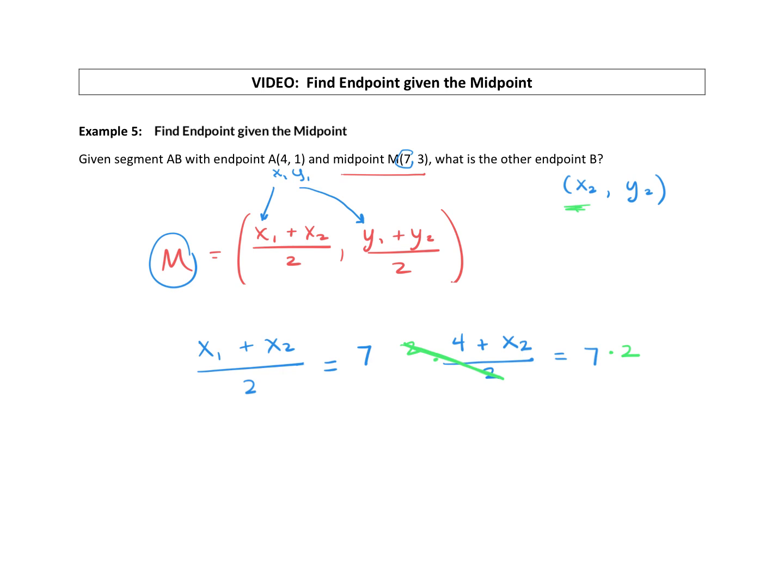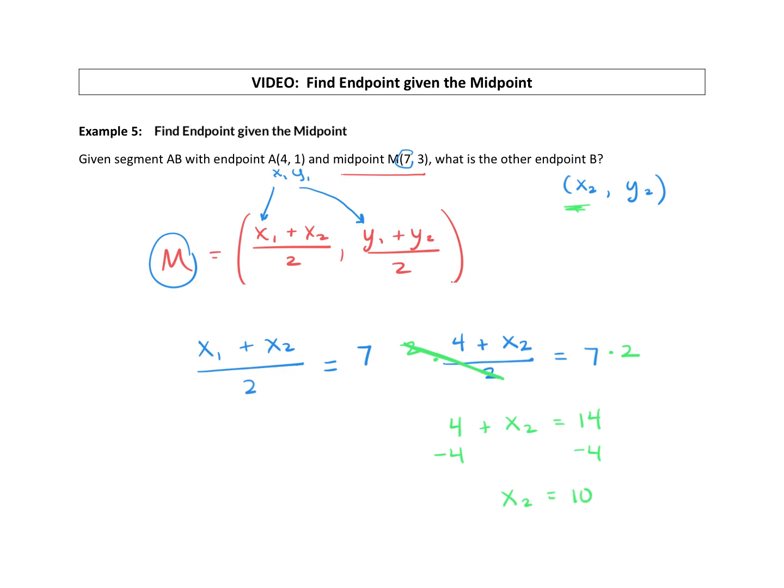Essentially, we have a 2 divided by 2, and they cancel each other out. If you notice, it did not touch this 4 plus x2. So I'm just going to carry down the 4 plus x2 equals 7 times 2 is 14. Now we can solve for x2 by just subtracting 4. So x2 is equal to 10.